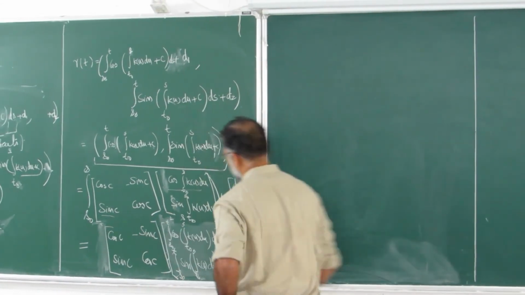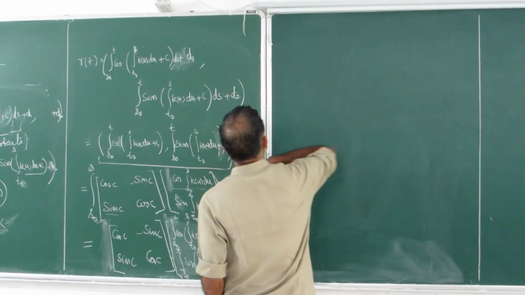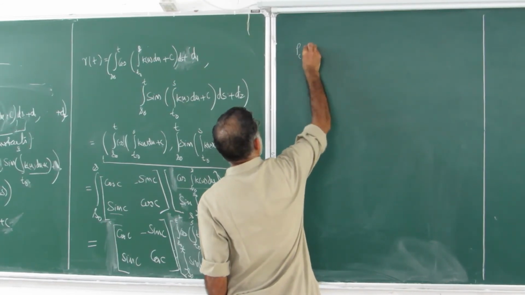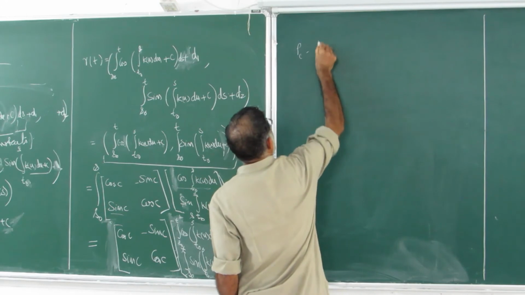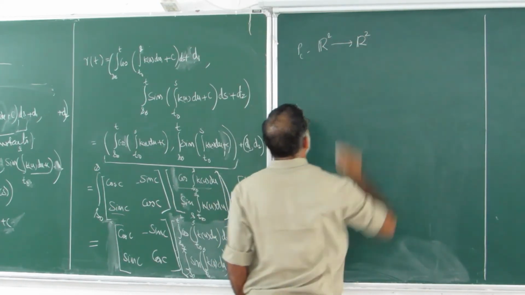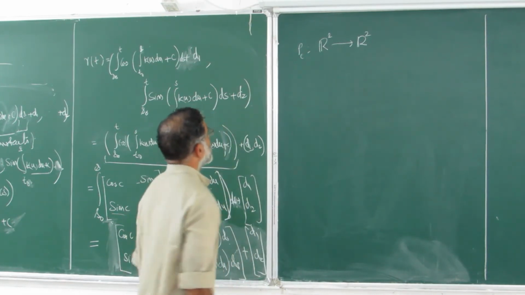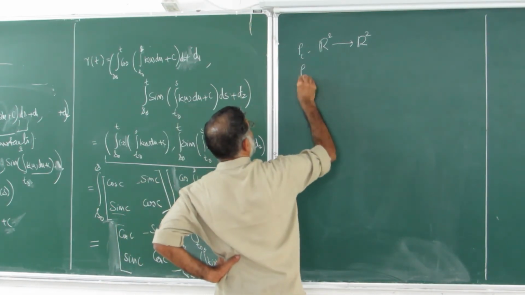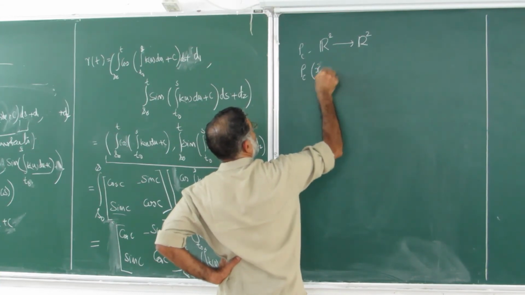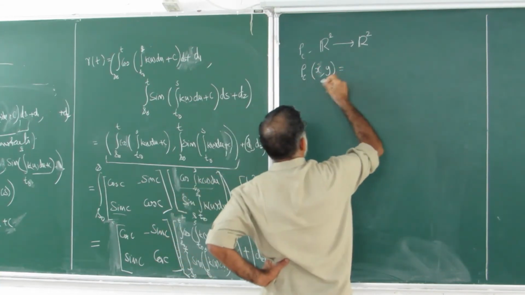Now, what is this character? It is a linear map. Let me call this rho C, a map from R2 to R2. Given any point x comma y, how is it defined?